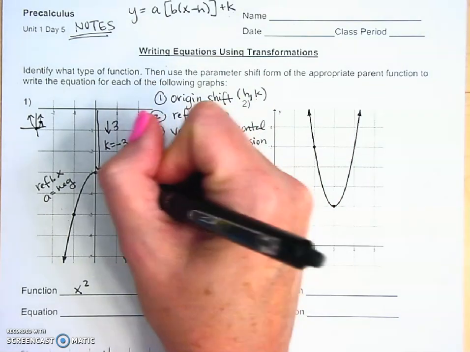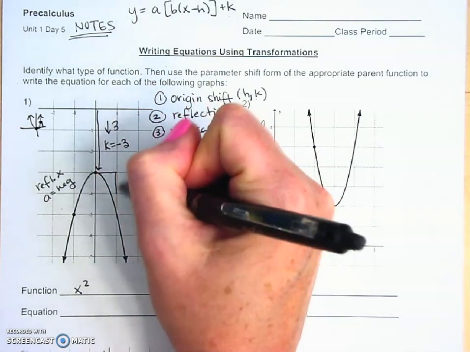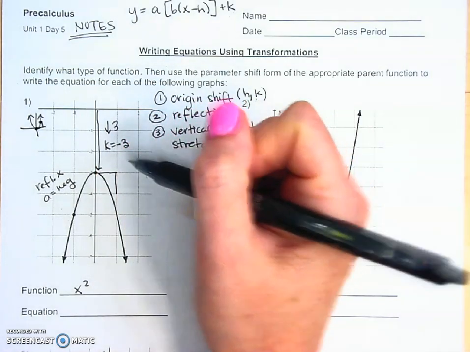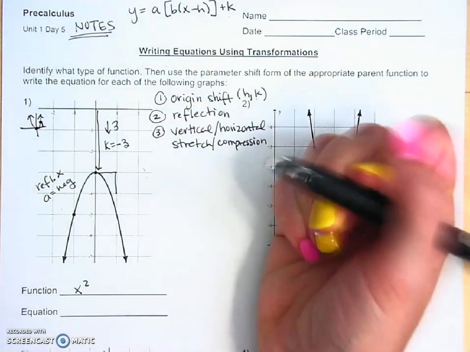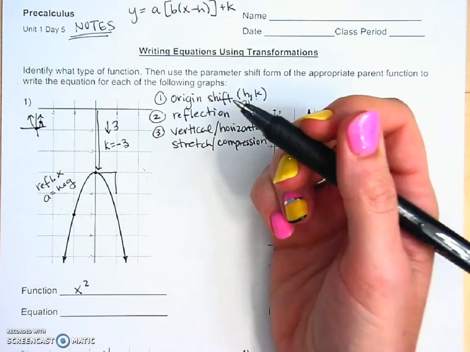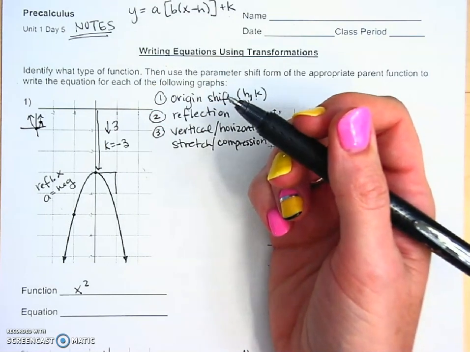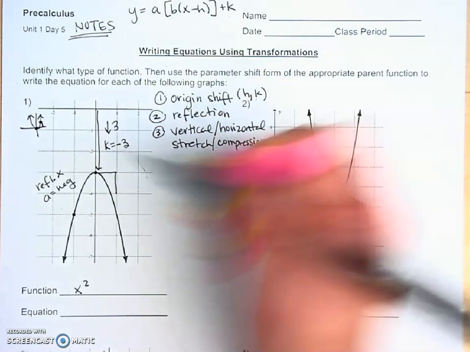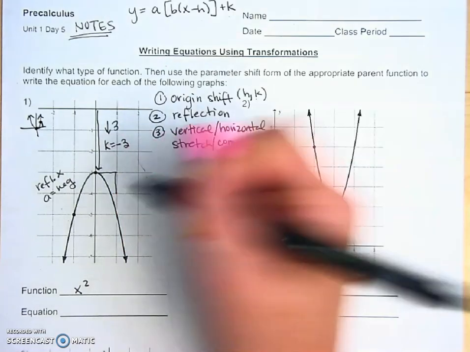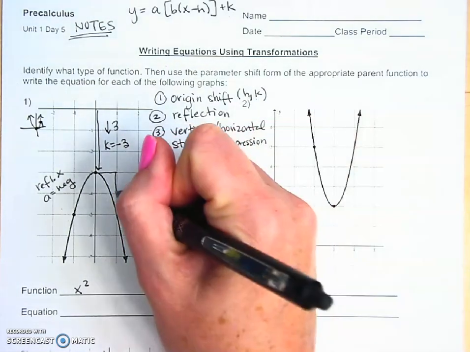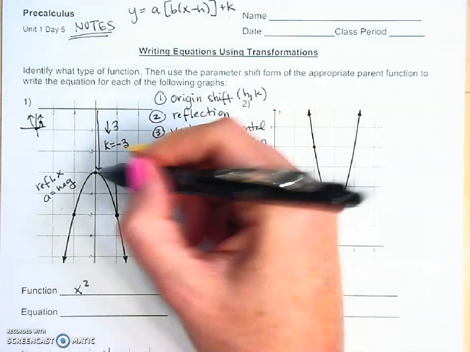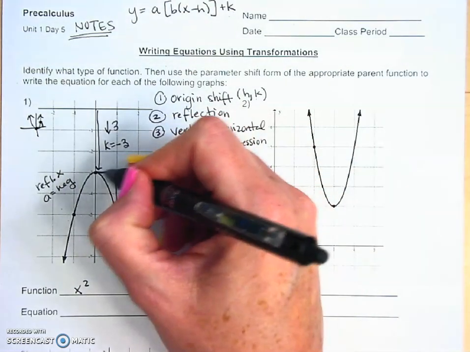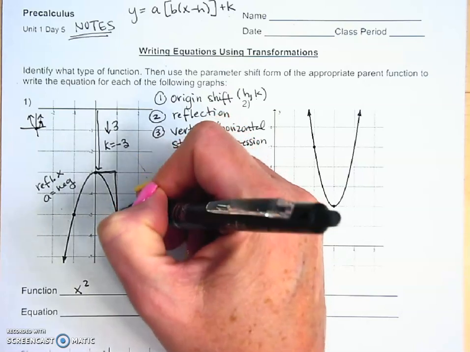If I go over 1, down 1, in this case going down because it's facing down, I should have landed on the graph, but I don't. So I want to look for a point on the graph that's an integer value, meaning whole numbers, positive or negative. And I have one right here. In order to get from my origin to this point, I have to go over 1 and down 2.